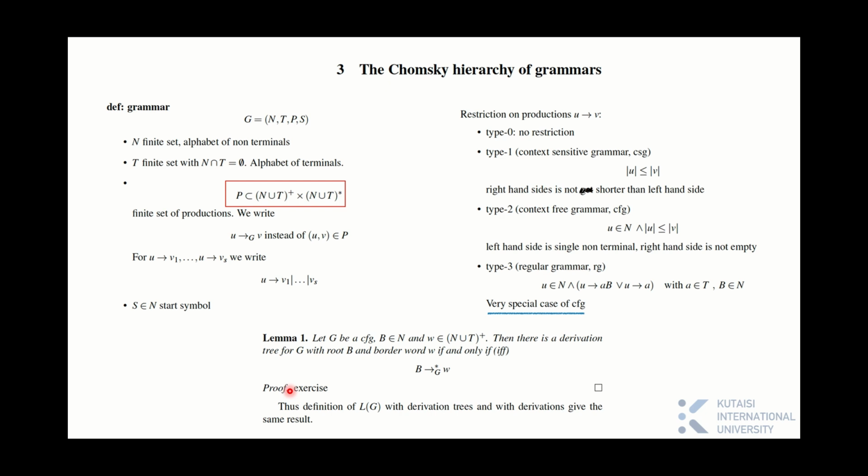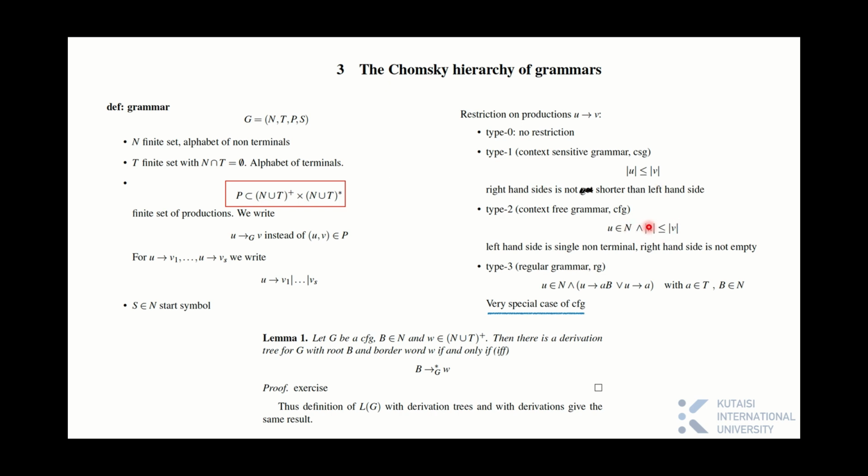Then type 1, the context-sensitive grammar, is the one where your production rule's left side is shorter or equal to whatever is on the right side. Type 2 is type 1, meaning the left side is shorter or equal to the right side, plus the left side is just one letter. This means you can also describe type 2, the context-free grammar, as: the left side is just a single non-terminal and the right side is not empty. That's all you're requiring, because the rest is redundant.